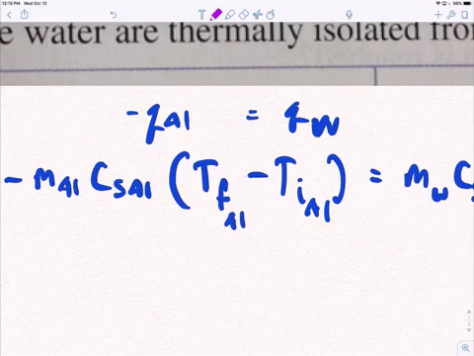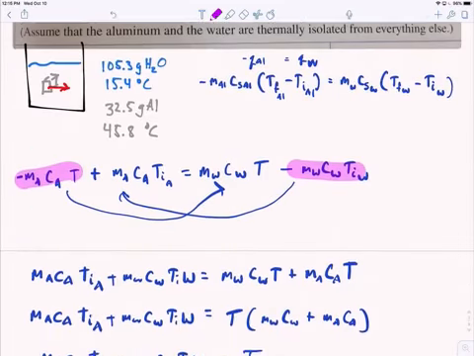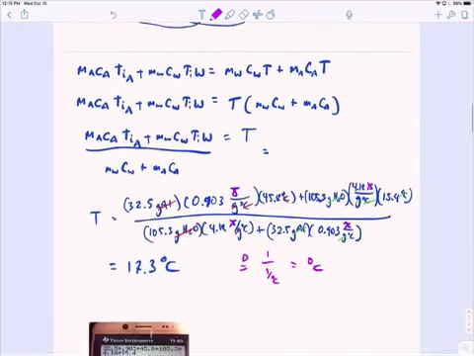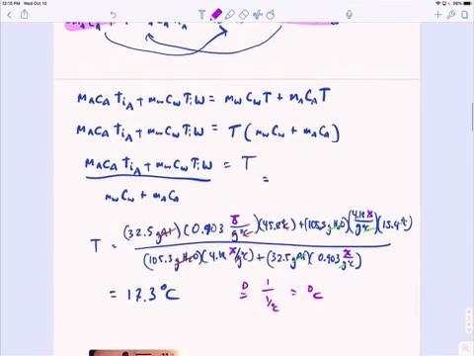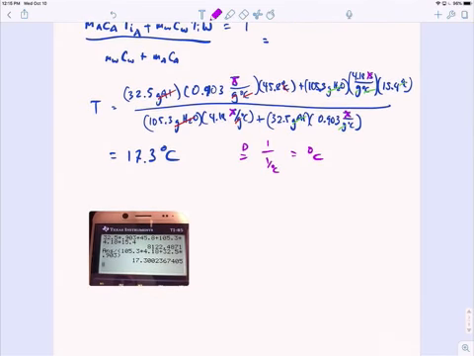I'm being a stickler. I'm saying the heat flow is negative because it's leaving the system for aluminum. But either way, put a negative sign on one side, it doesn't mean anything. Then you can put the numbers in and solve for temperature, or you can do it all symbolically like I did and punch in the numbers, and you get 17.3 degrees Celsius.